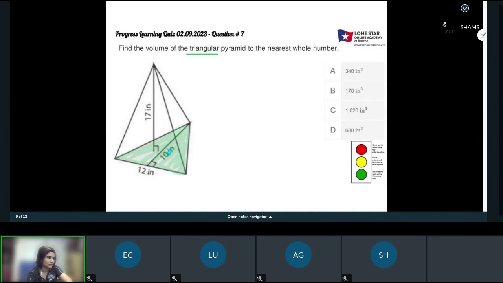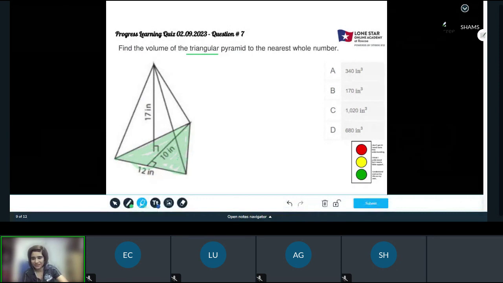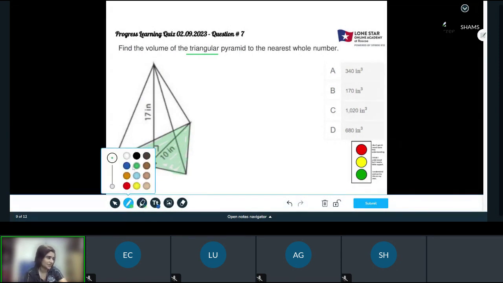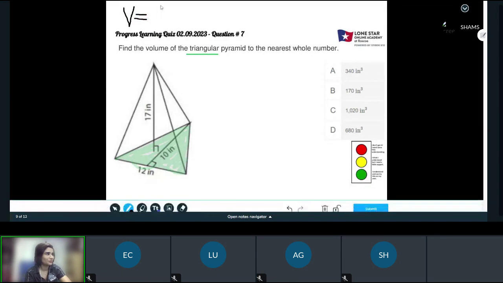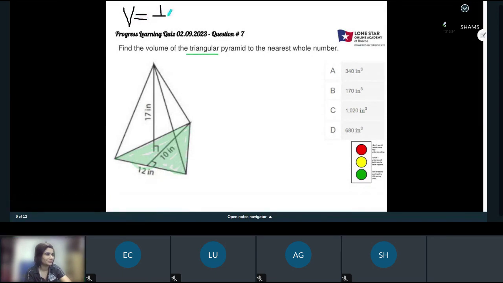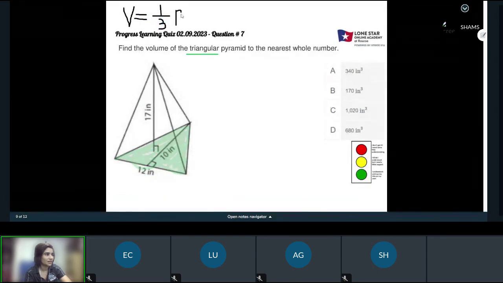Okay. Some formulas that I want to provide you for this triangular pyramid that are not here on my slide, but will be given to you on a STAR test. So we will give you the formula for volume of a pyramid. To find volume of a pyramid, you do 1/3 area of base, big B, times height.